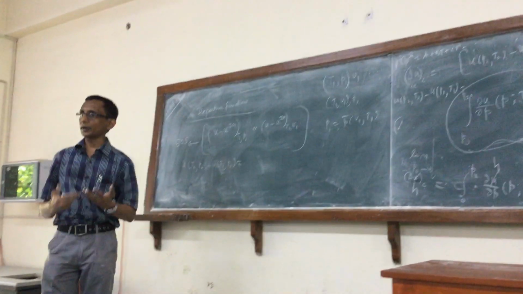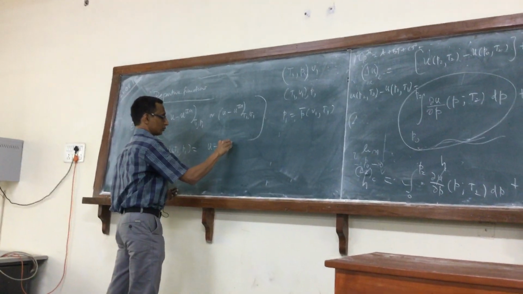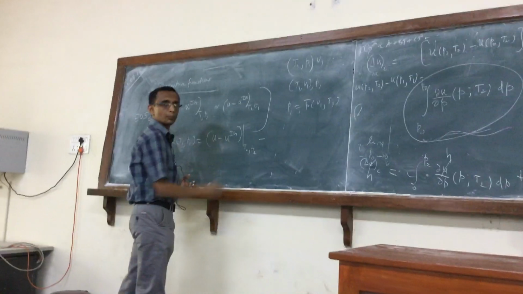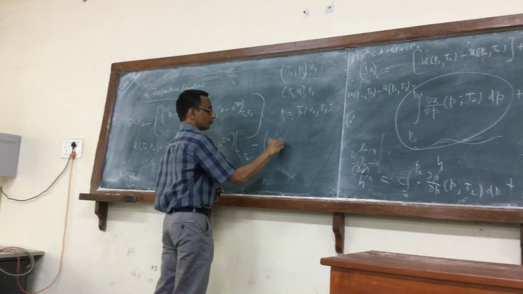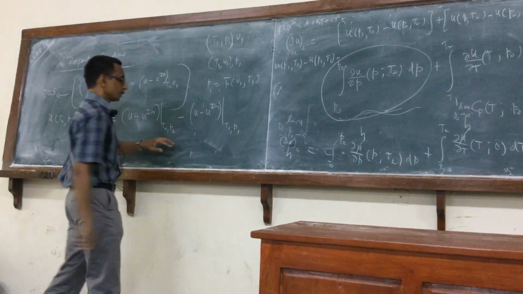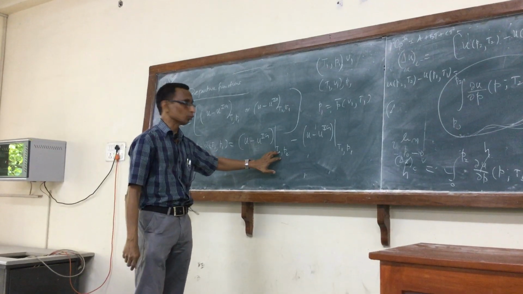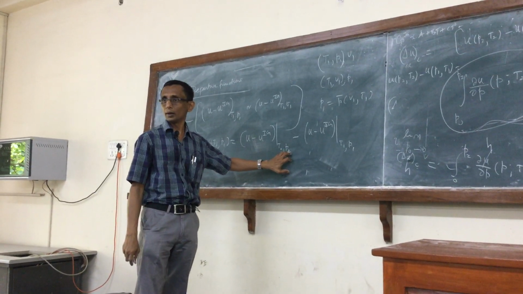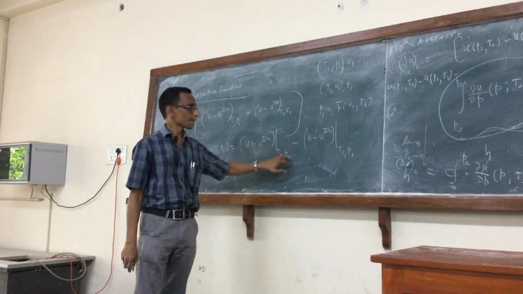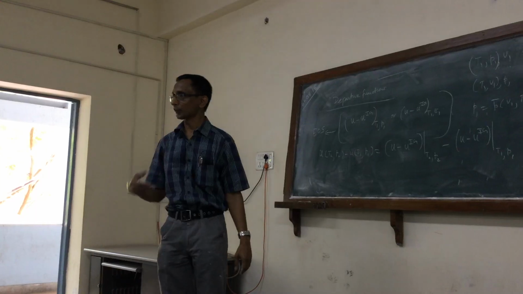I will evaluate the departure function, u minus u^ig, evaluated at T2, P2 minus the same departure function evaluated at T1, P1. Because when evaluating at T1, P1 I have the formula, all I have to do is to replace T1 by T2 and P1 by P2. Then I will get the departure function at both the states.